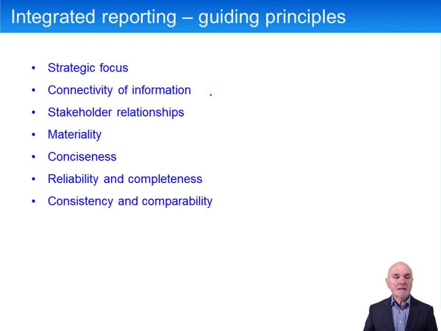If we just go to some of the last four here, we want to talk about things which are material. It's going back to what is good information. You don't want it cluttered with stuff which is of little relevance to people. So material, it should be fairly concise. It should be complete and reliable, and it should be consistent.